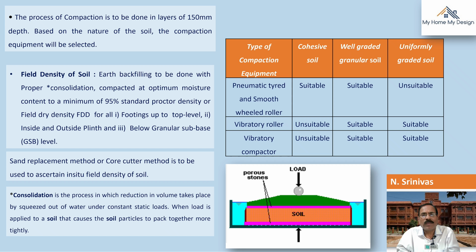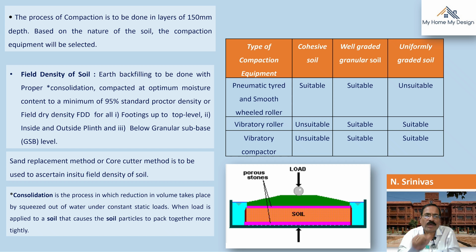So the field density of the soil has to be identified with proper consolidation, and it has to be filled in all footing tops, footing sides, and next below PCC. So sand replacement method or core cutter method is to be used to ascertain the in situ field density of soil.